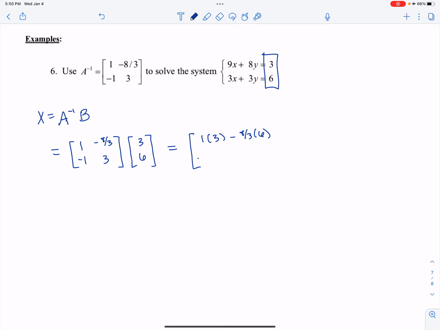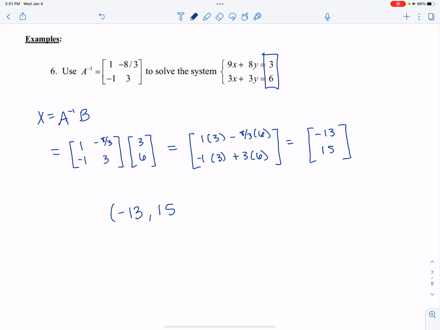And then we get negative 1 times 3 plus 3 times 6. This gives us negative 13 and 15. So our solution is negative 13 for x, 15 for y.